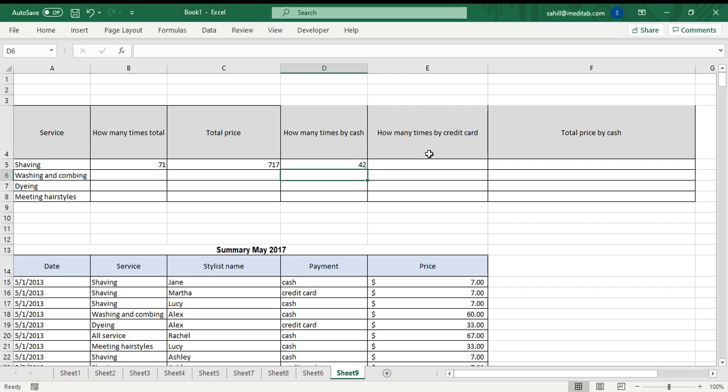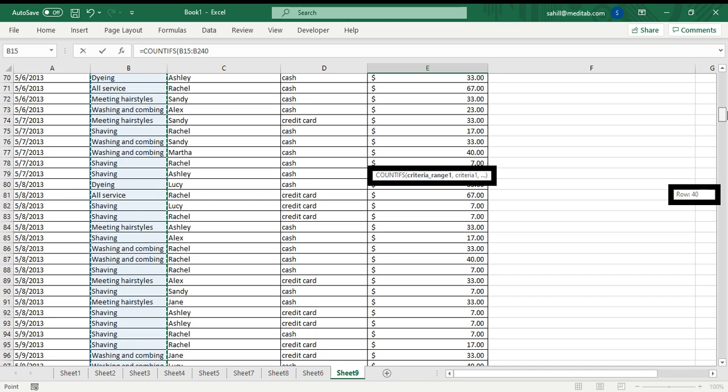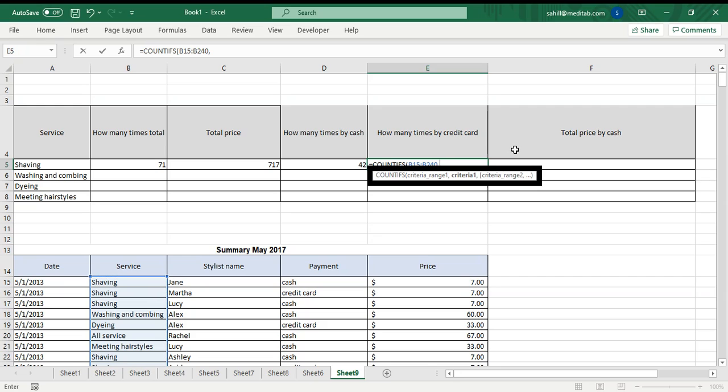Okay. How many times by credit? Again, how many times by credit? So two criteria again, COUNTIFS. Why IFS? Two criteria. Shaving. I'm selecting the range. Range is shaving, and criteria range 2 is the payment column.